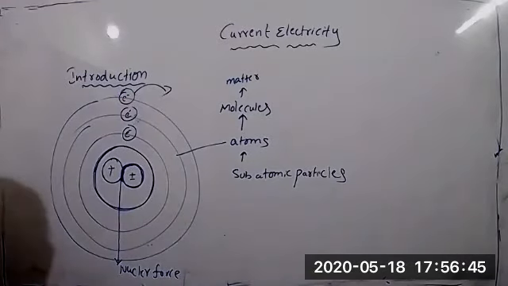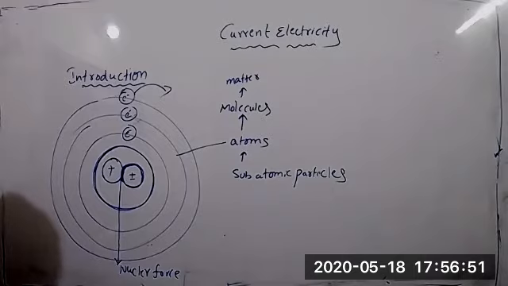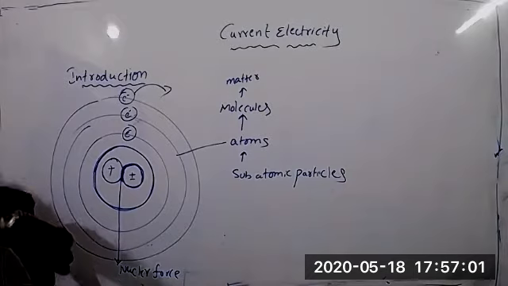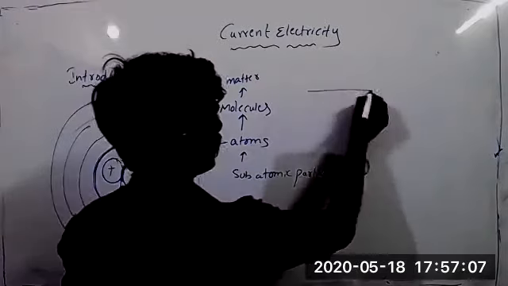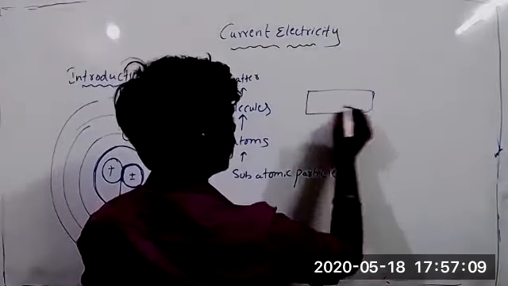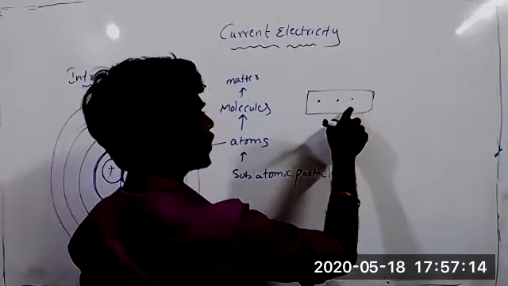Suppose you are sitting in a bus. When the bus is moving, the outside surroundings, like trees, appear to move backward. When you are moving forward, it looks like the trees are going backward. Like that, if you take a metal conductor, electrons and protons are there.